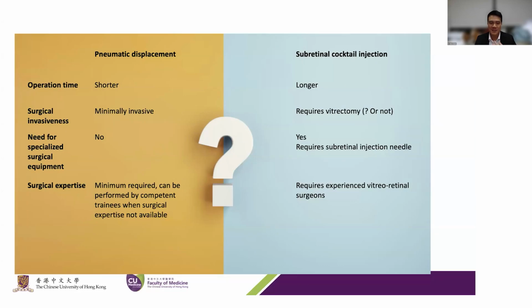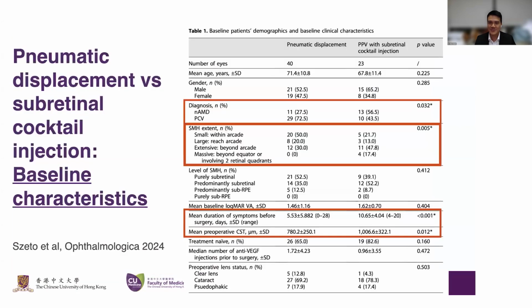I would be comfortable letting my competent trainees do the pneumatic displacement, but I don't think I'd let an inexperienced retinal fellow do the subretinal cocktail injections myself. So now let's look at some data and see whether it's really worth it to do the subretinal cocktail injections.